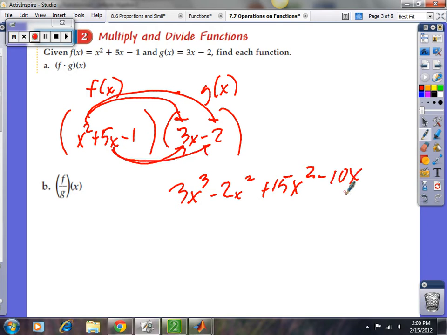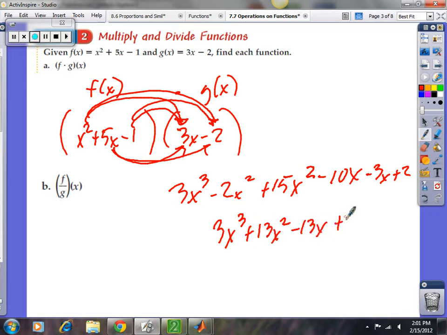And then you're two-thirds of the way done. Now you just have to do negative 1 times 3x, negative 1 times negative 2. So negative 3x plus 2. Did you get 3x cubed plus 13x squared minus 13x plus 2?